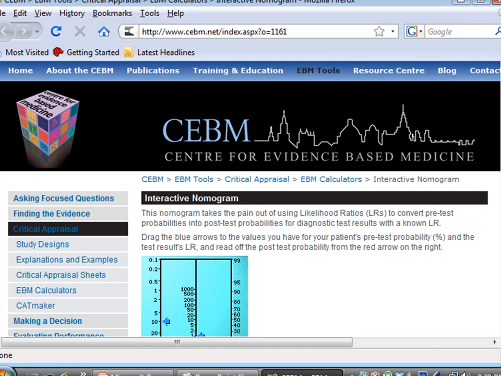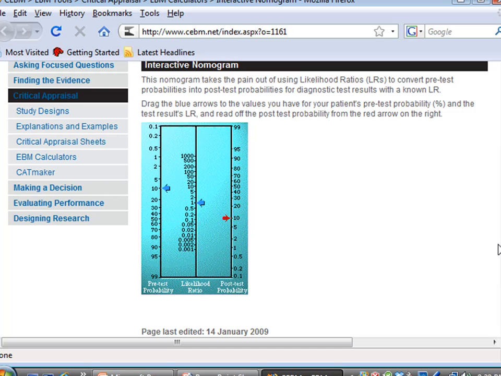Let's move the indicators on the nomogram and automatically calculate the post-test probability. We now see that the post-test probability is about 70%, simply done by using this automated nomogram. Let's try it again.